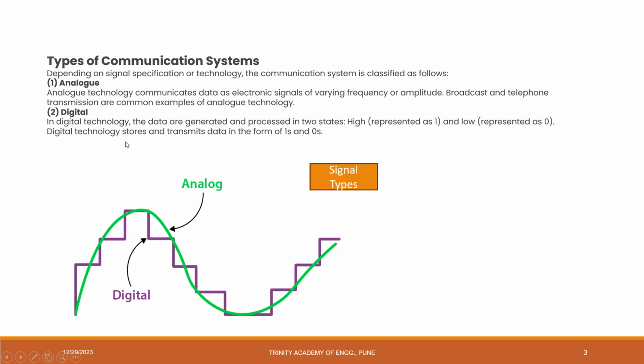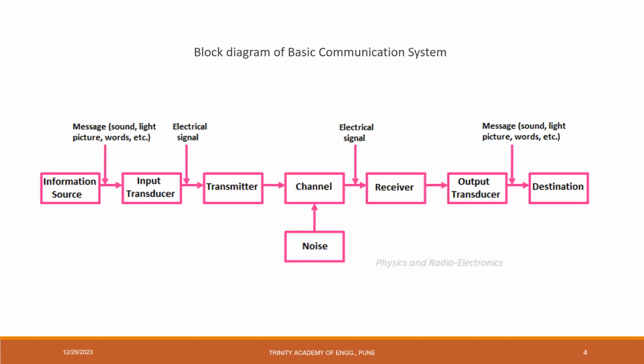This digital technology stores and transmits data in the form of ones and zeros. This digital signal is a discrete type of signal. According to that signal technology, we can classify the communication system into two types: first the analog communication system and second the digital communication system.